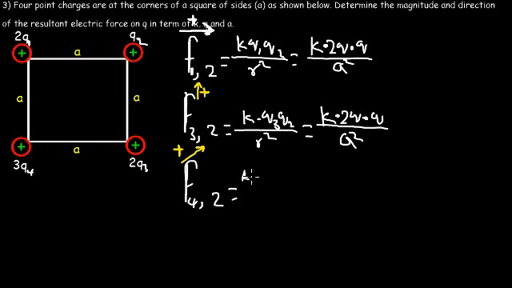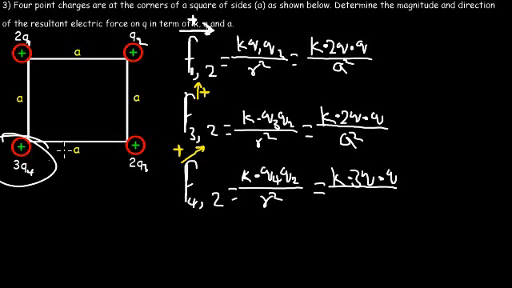And the last one is also K times Q4 multiplied by Q2, all divided by r squared. So I have K times Q4, which is 3Q, then Q2 is Q, all divided by... Now the question is, will the distance between Q4 and Q2 still be a? The answer is no, it won't be a.